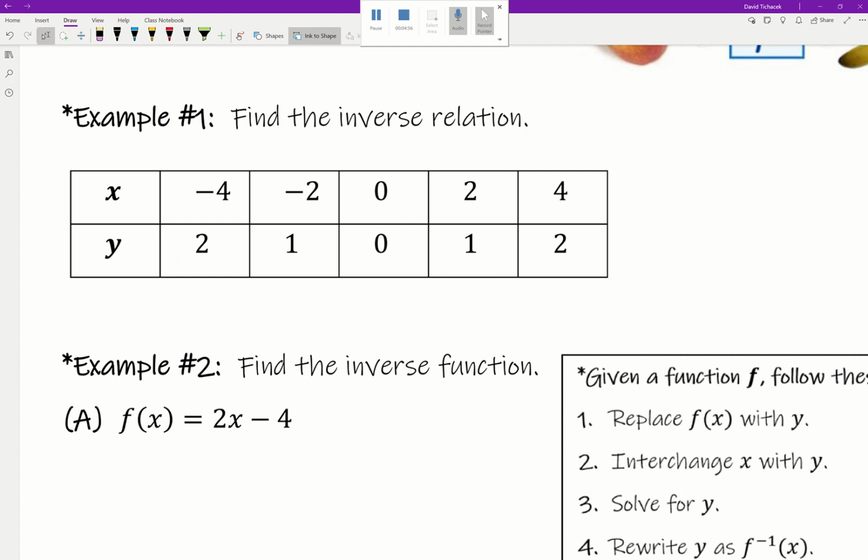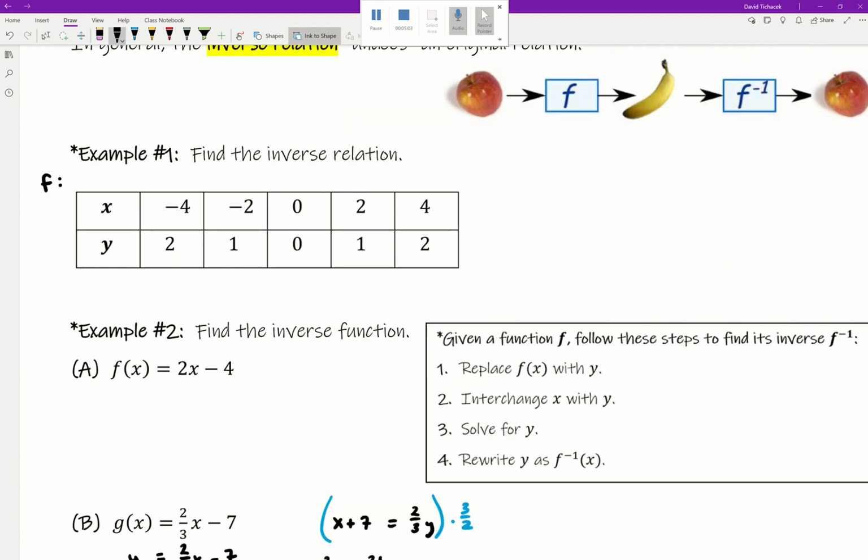So we can make a new table. If this is the table that goes with the original function machine f, where I might say that y is equal to f of x, then I can create a new table for f inverse, I meant, right? So we have our inputs and our outputs, and keep in mind how this works. We're just going to swap the coordinates that we find here.